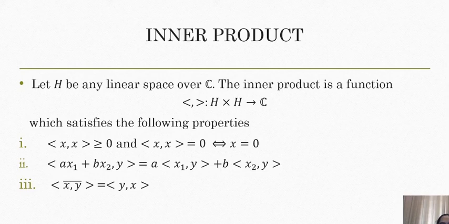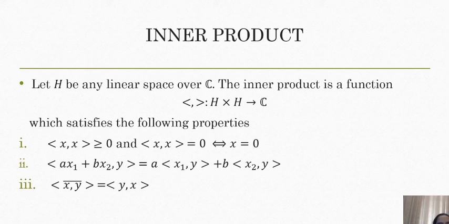We denote it by the bracket of this form. Inner product is a function from H cross H to the complex field C, and it should satisfy the following three properties. Let's see the properties one by one. The first one is inner product (x, x) should be greater than or equal to 0, and inner product (x, x) is equal to 0 if and only if x is 0.